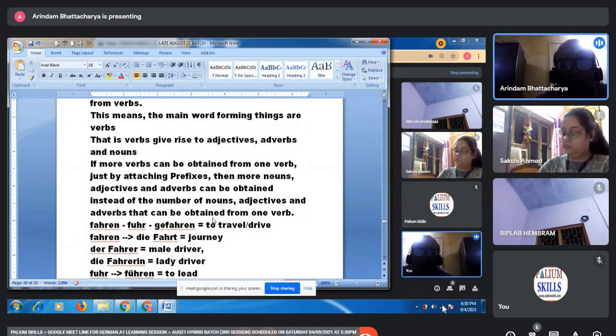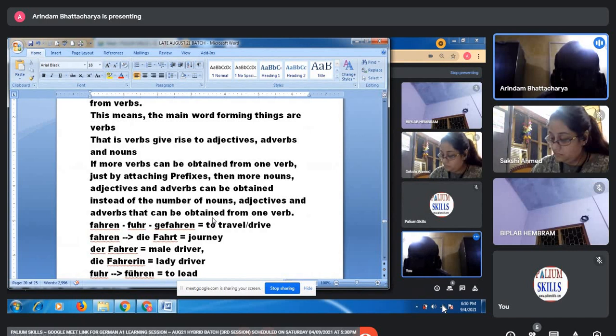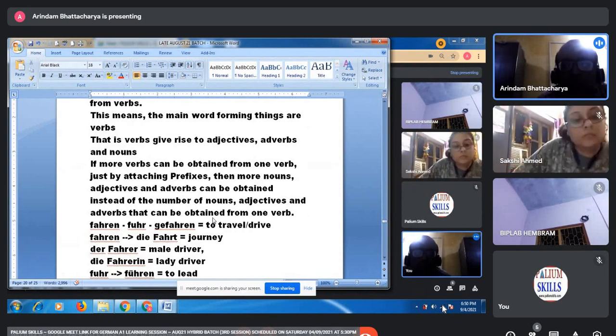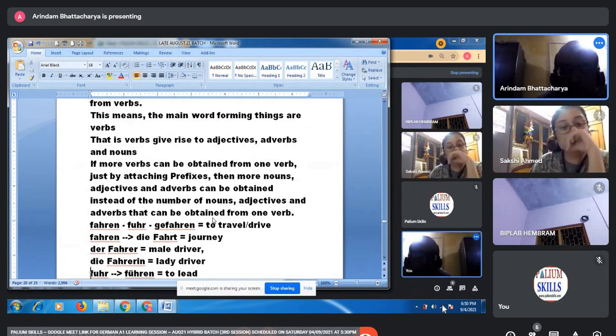Like fahren, fuhr, gefahren. Fahren means to travel or drive. This is an irregular verb. From fahren comes the noun die Fahrt. Die Fahrt is journey.